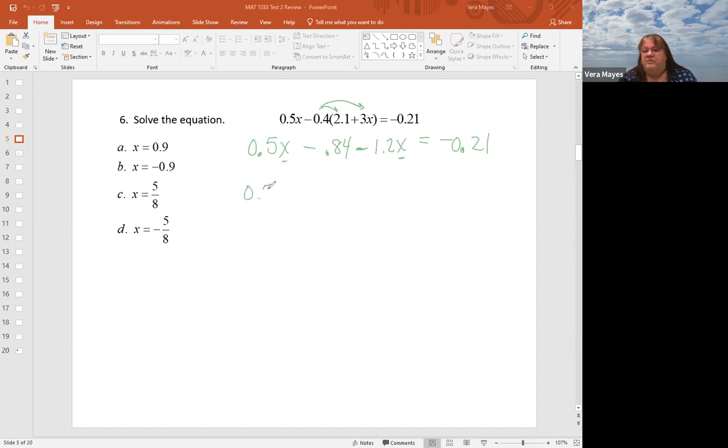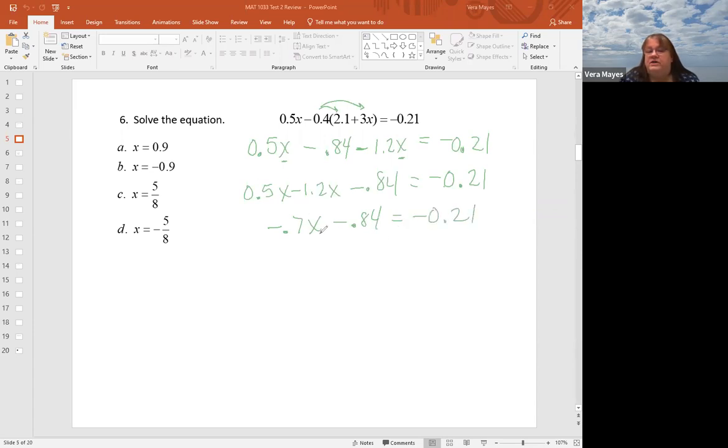So if you want to even rewrite them first and put them next to each other, so you can see it's a positive 0.5 minus 1.2. So I get a negative 0.7x, bring down this negative 0.84, bring down the other side.